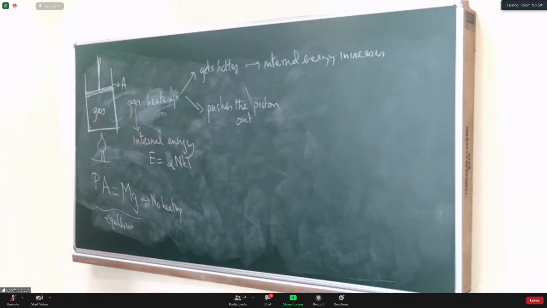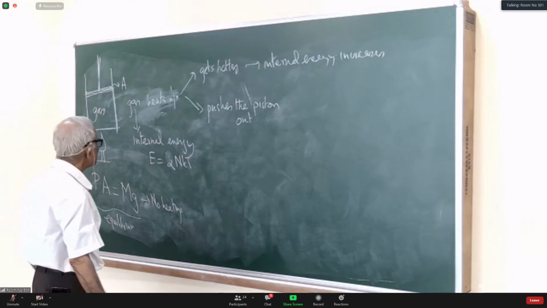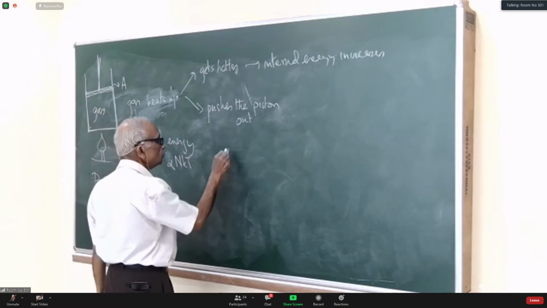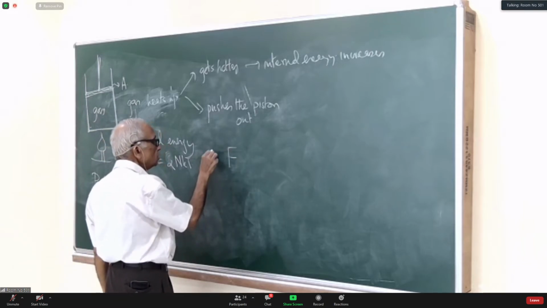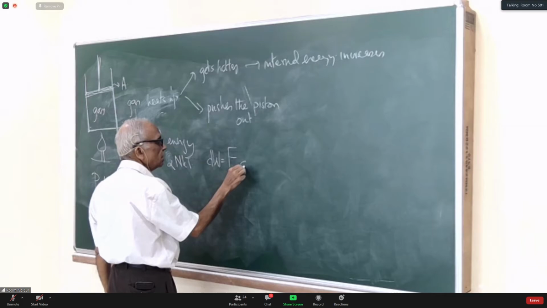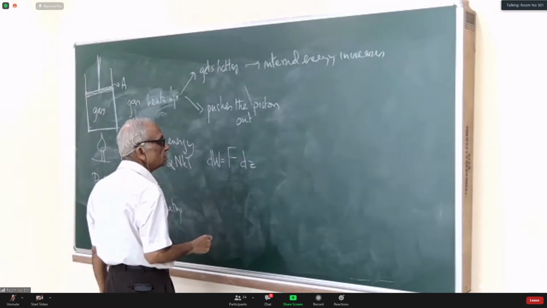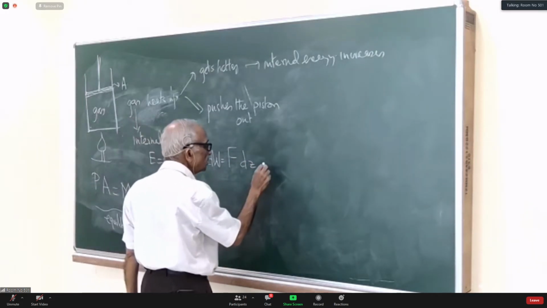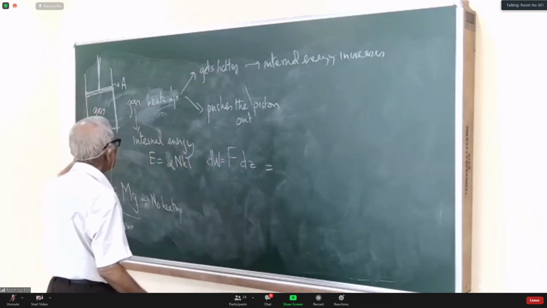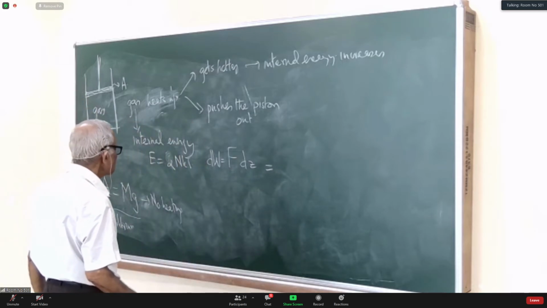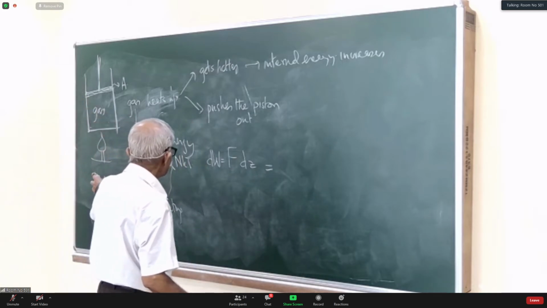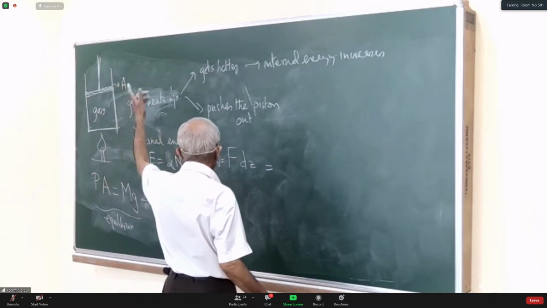It pushes the piston out, which means it has to do some work. How much is the work? dW is F times dz, where F is the force it exerts against the piston.